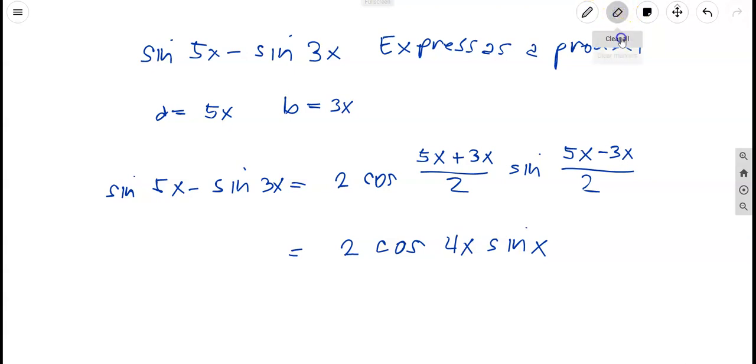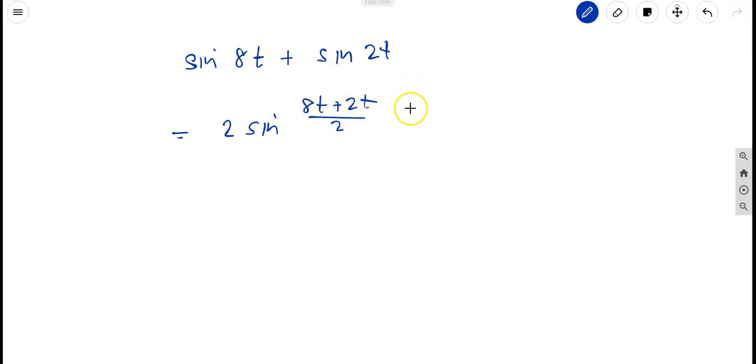Next problem. So you can have this equation. Let's say we have sine 8t plus sine 2t. So therefore your equation will give us 2 sine (8t plus 2t) over 2, cosine (8t minus 2t) over 2.